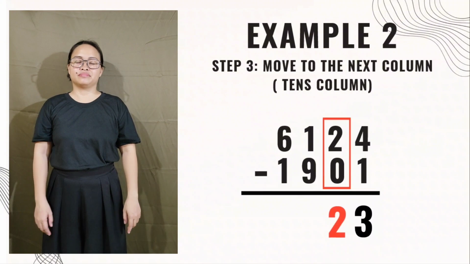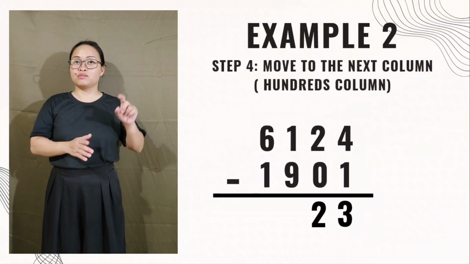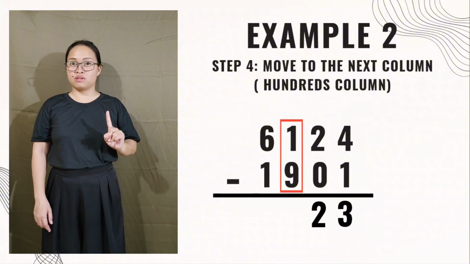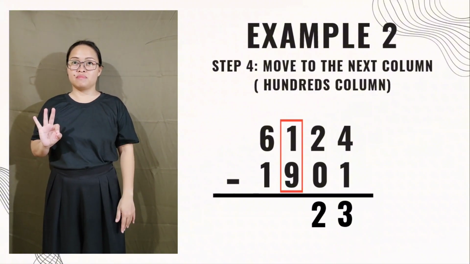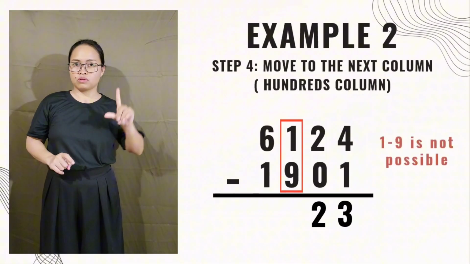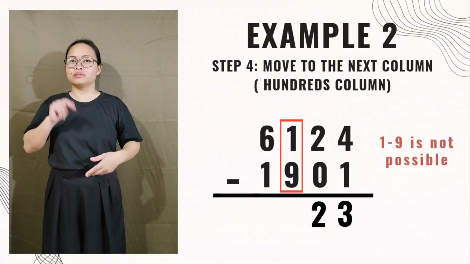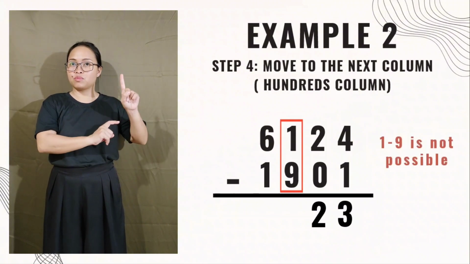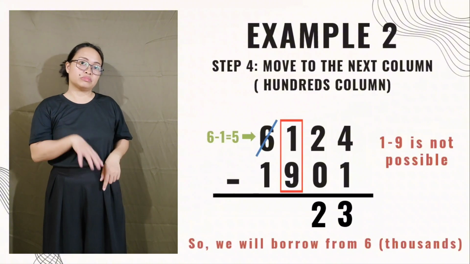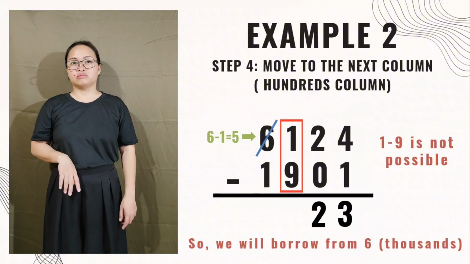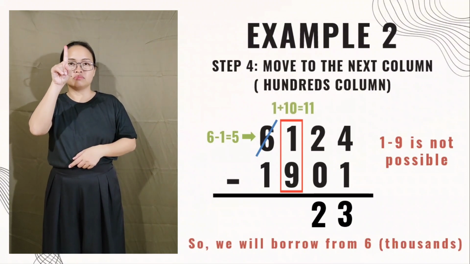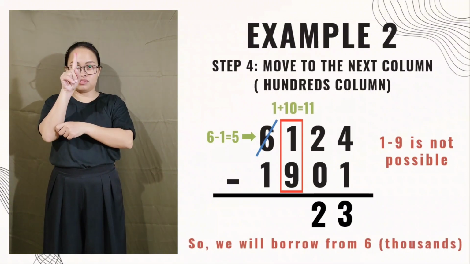Next, let's go to the hundreds place. 1 minus 9. 1 minus 9 is not possible since 1 is less than 9, so we need to borrow from thousands place. So 6 in thousands place becomes 5, and 1 in hundreds place becomes 11.